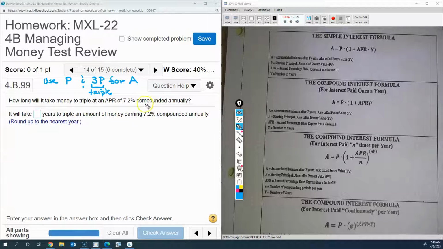All right, so it's being compounded annually. So that's going to be this formula right here, once a year. And so A equals P plus APR.